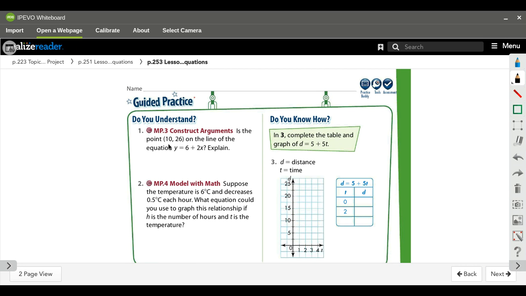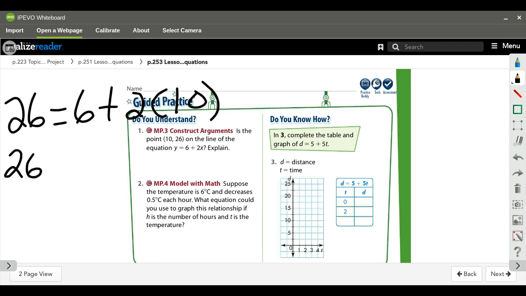So I'm going to have 26 equals 6 added to 2 times 10. Again, I don't do anything with the 26, but because they gave me the value, I need to include it. So I'm not just doing this side of the equation. I really have to substitute for both sides of the equation. So then I have 6 plus 20, and then 26 is equal to 26.